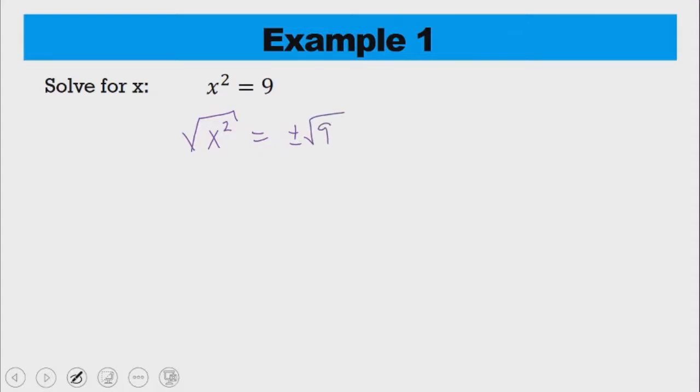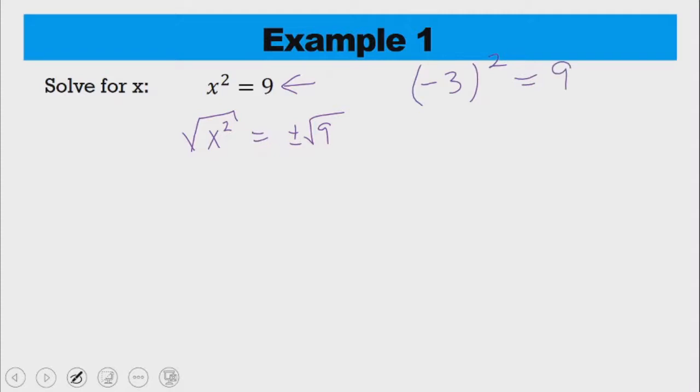Why do we do that? It is because if you look at this question, you are being asked to find a number that when squared, the answer is going to be 9. We know that there are two such numbers: positive 3, and definitely negative 3, because when you square a negative number, you get a positive number.